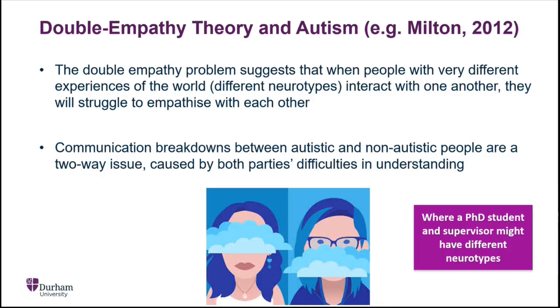We also know that it is more challenging for communication to come across clearly in cross-neurotype pairs. So when a supervisor and a student are from different neurotypes, it means that we have to work harder to make sure everybody is on the same page.